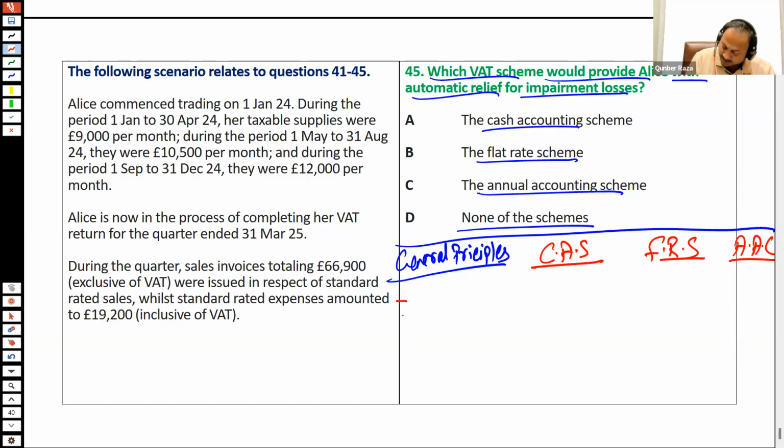General principles: output VAT and input VAT.